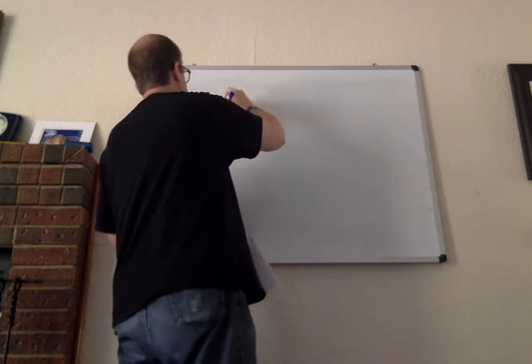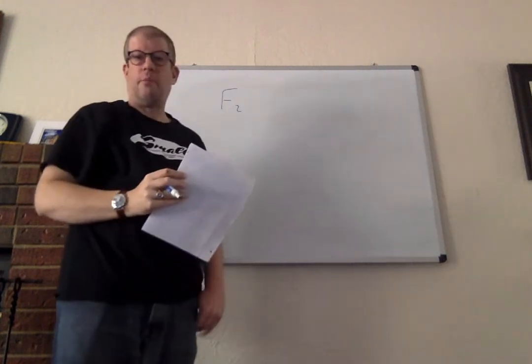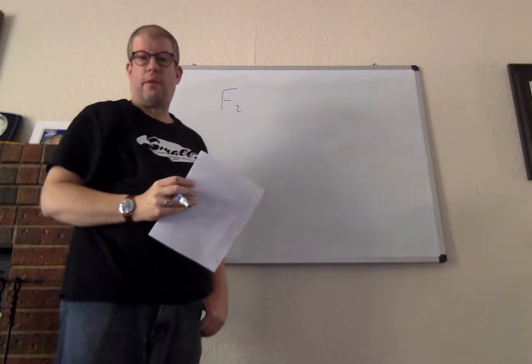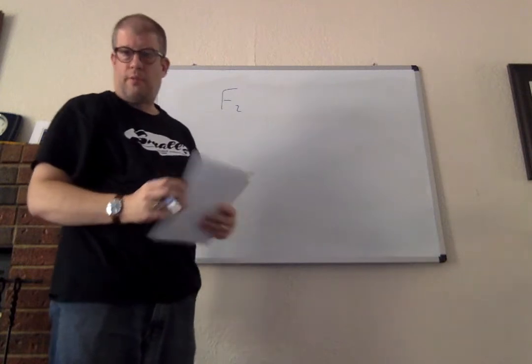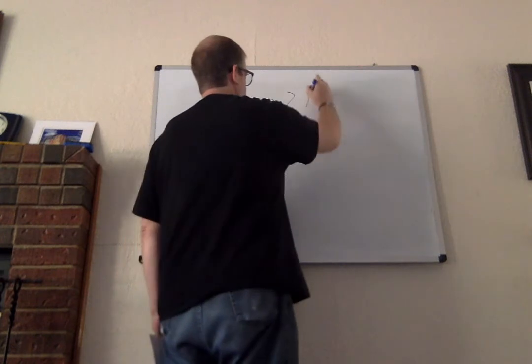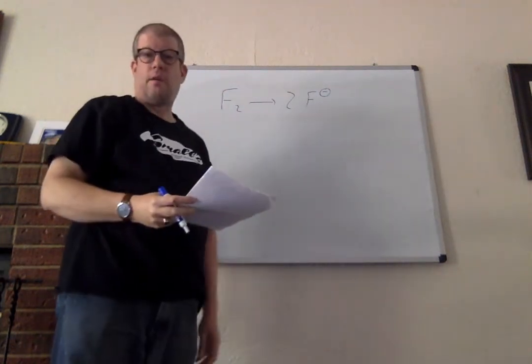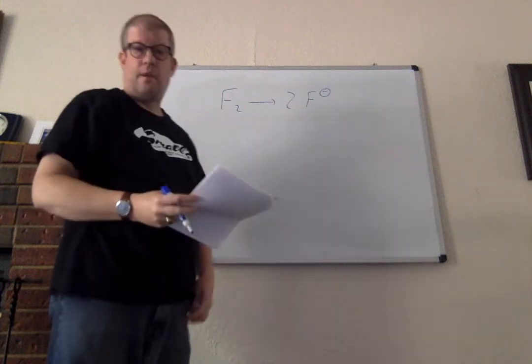Fluorine is the most oxidizing element on the periodic table because what it really prefers to do is to gain an electron, leading to cleavage of the bond to form fluoride. This is very favorable.